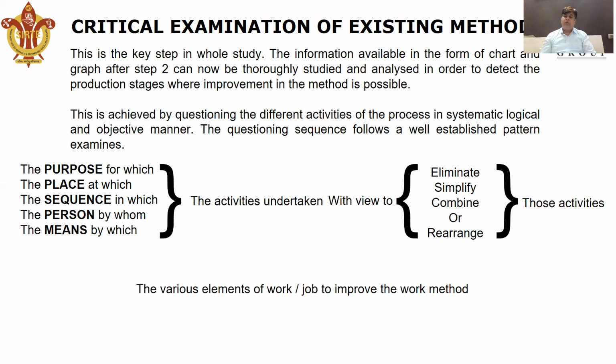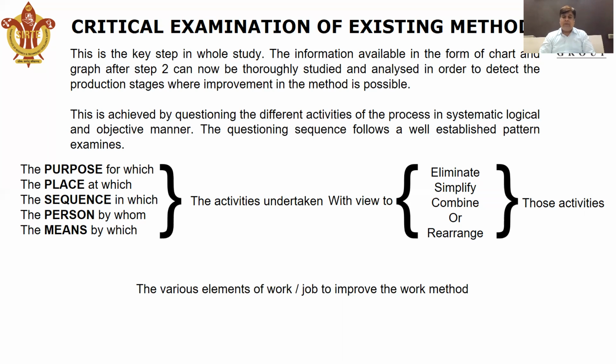And all this with a view to eliminate that activity, simplify it, combine those activities, or rearrange them. So in combination of these questions, we would find the answer for the improved method.